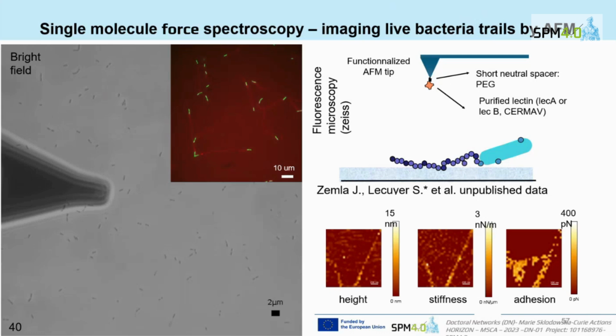So this is the optical view from the atomic force microscope. These are trails of labeled proteins behind the green bacteria cells. And here you can see the images collected with single molecule force spectroscopy of height of bacteria cells, stiffness, this is relative, and adhesion.